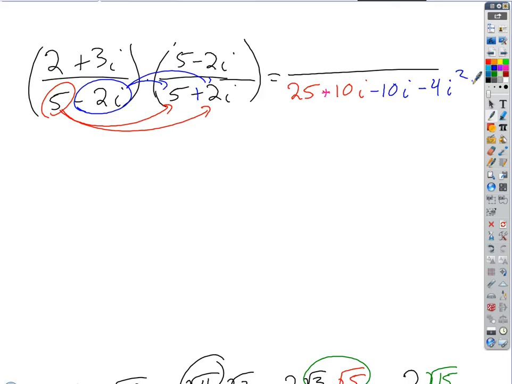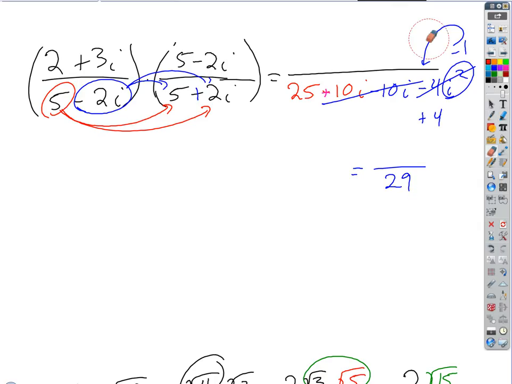Plus 4. Right, because that's just a negative 1. Right? That worked, didn't it? Because now look what happens. The 10i and the negative 10i cancel, and I just get 25 plus 4 is 29. Right? Everybody see that? So it works on the bottom. We get a number, an integer, instead of an i. Right? We just get a real number only.